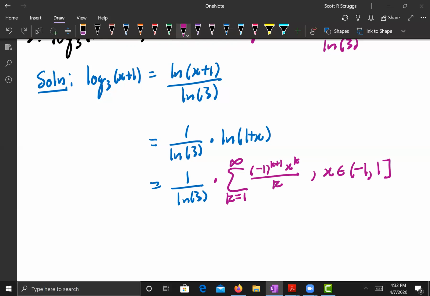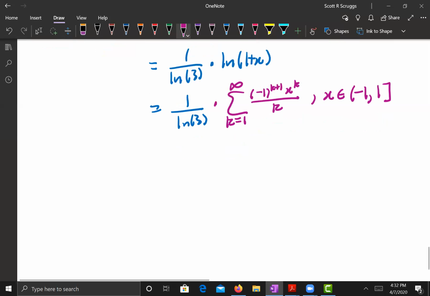The reason it's a closed bracket on positive 1 is if I plug in 1, I'll get the alternating harmonic series, which we proved in the very beginning of the alternating series section is convergent. And if I put in negative 1, I'll get my harmonic series.